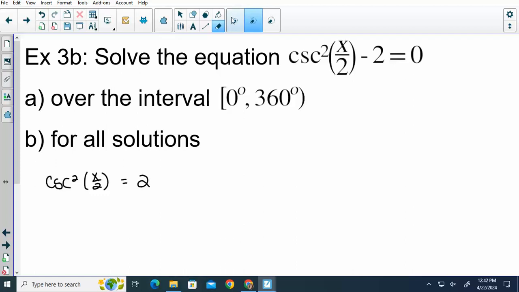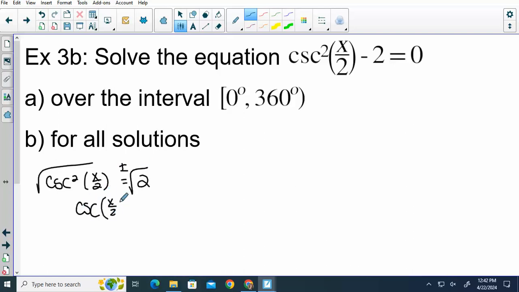Square root. If you add a square root, you have to do plus and minus with it, so that's going to put us in every quadrant. So cosecant of x over 2 is equal to plus or minus the square root of 2. So that means the reciprocal of cosecant, sine, would be 1 over that, or square root of 2 over 2.